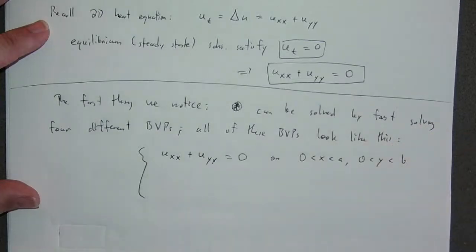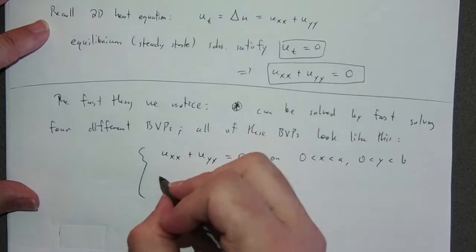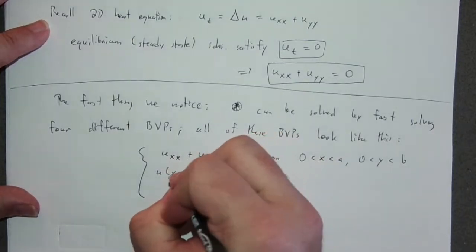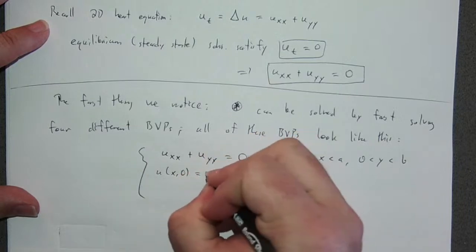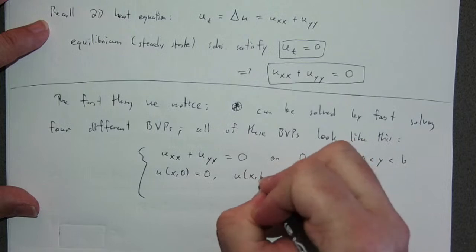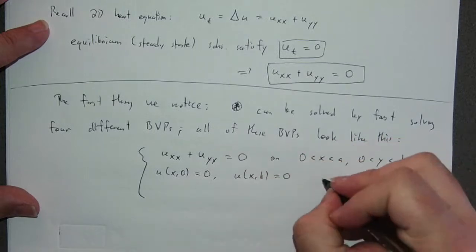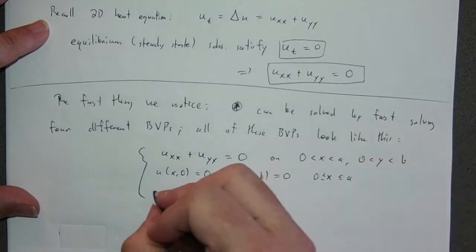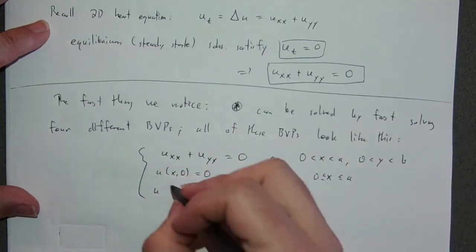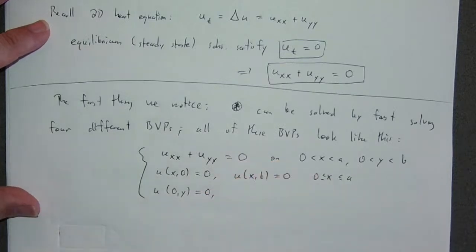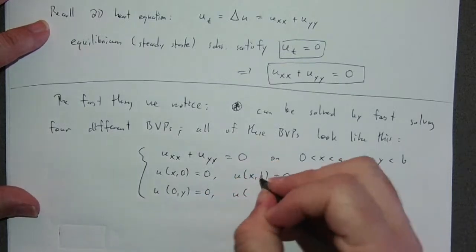And they have boundary conditions that are 0 everywhere except on one piece. So 0 on the bottom, 0 on the top, and that's x between 0 and a, 0 at the left end, and on the right end, non-zero.